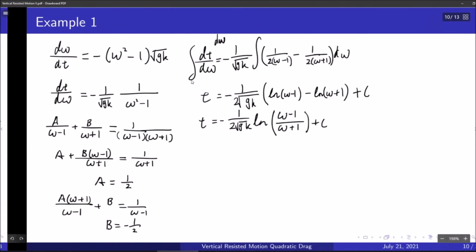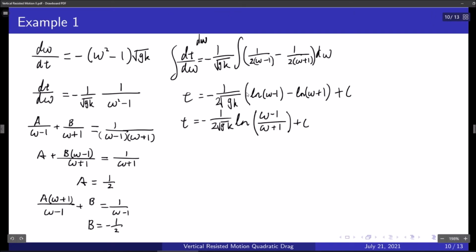So remember, initially at t equals 0, v equals 2 vt. So when t is 0, the velocity is twice the terminal velocity. So omega here is just 2.